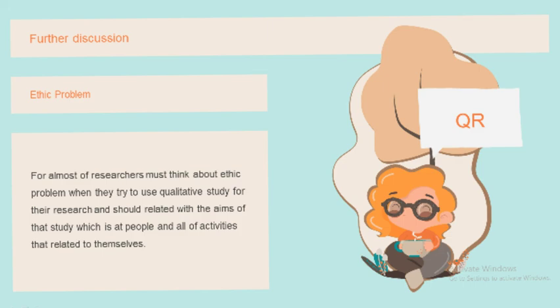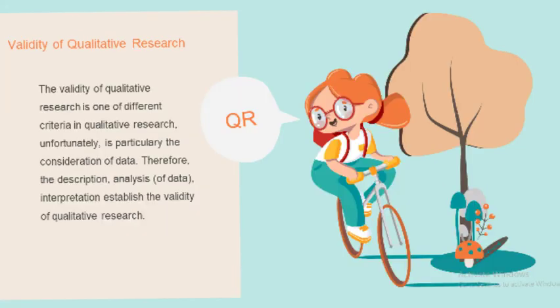That means related to the participants. And validity of qualitative research: the validity is one of the different criteria in qualitative research. Unfortunately, it is a particular consideration of data. Therefore, the description, analysis, or data interpretation establish the validity of qualitative research.